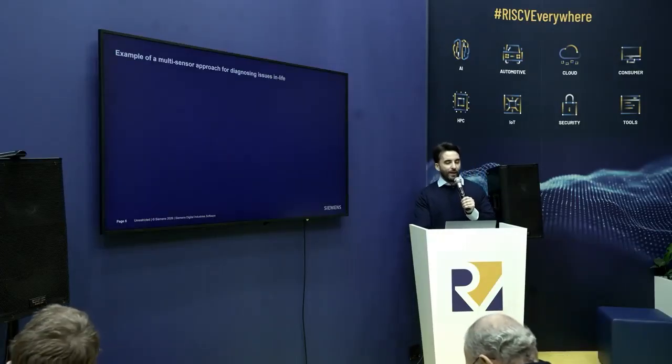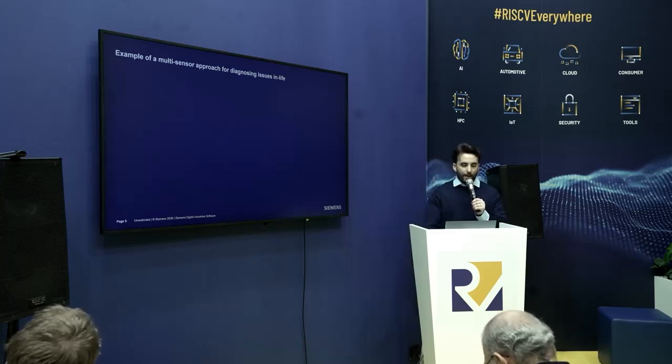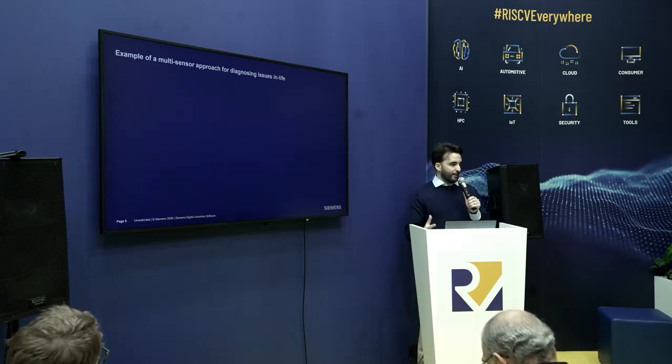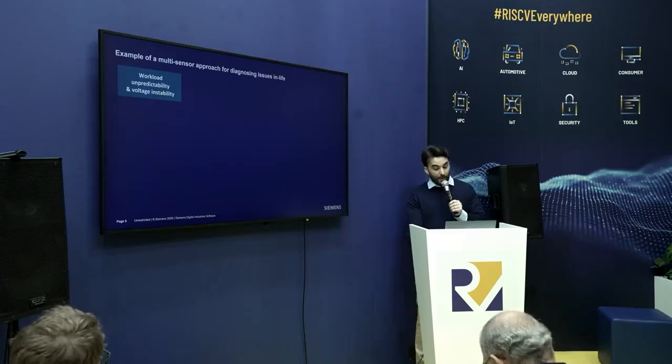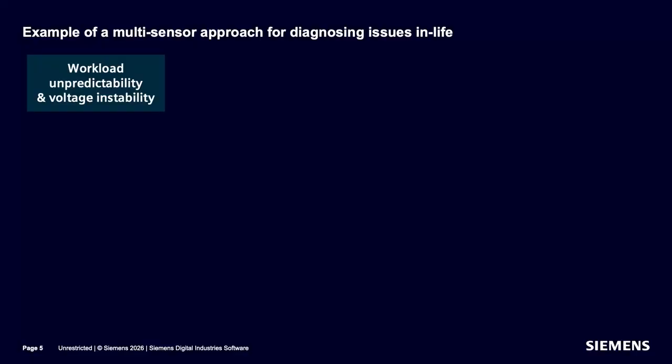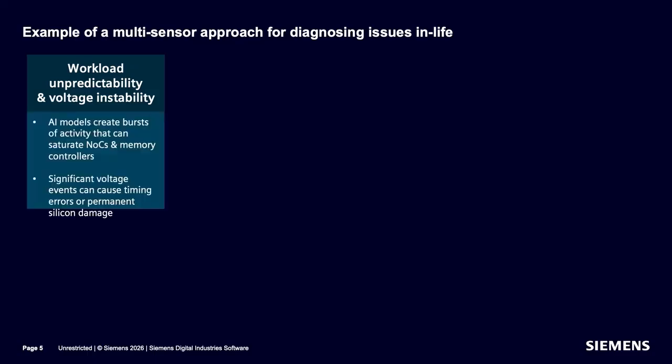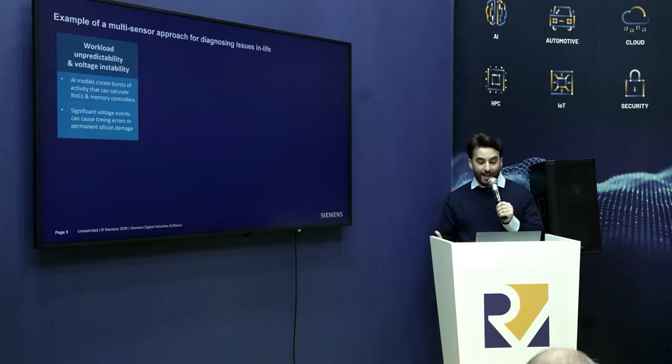So going into an example of a multi-sensor approach to diagnose issues. Key challenges in modern systems include workload unpredictability, and also voltage instability. AI models create different bursts of activity, and that can saturate the network on chip as well as memory controllers.